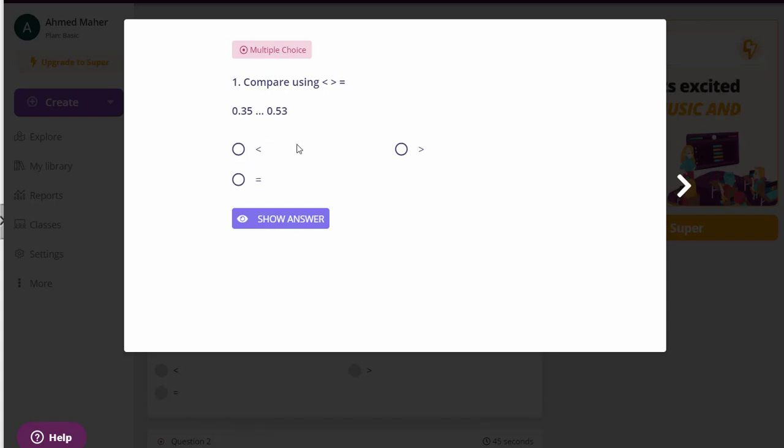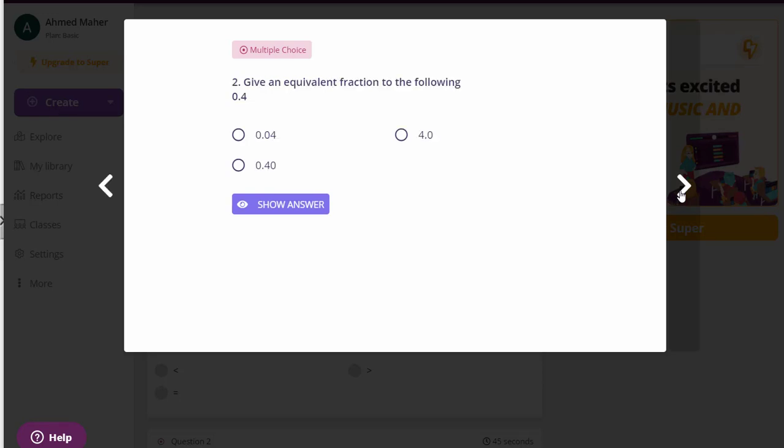What should I choose? Less than, greater than, or equal? 0.53 is greater than 0. Okay, so it's less than. Right? This one is called less than. Okay, Abdulaziz, thank you, my hero. And let's move to the next one.